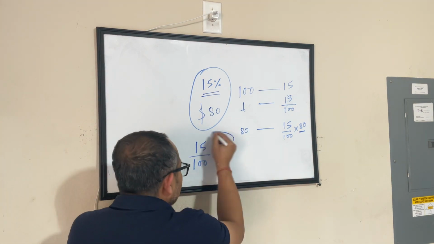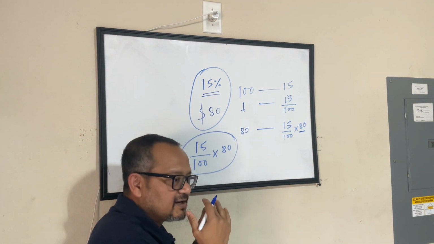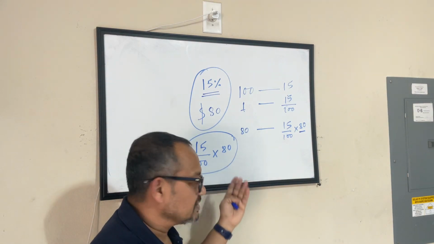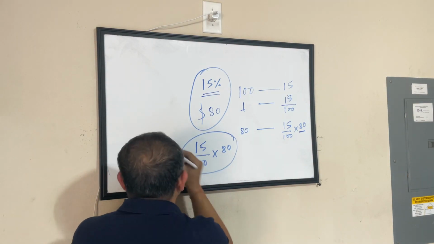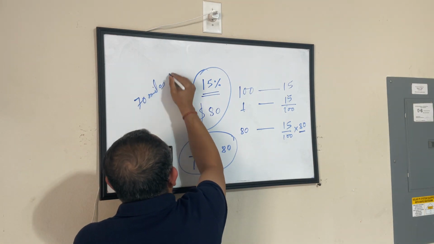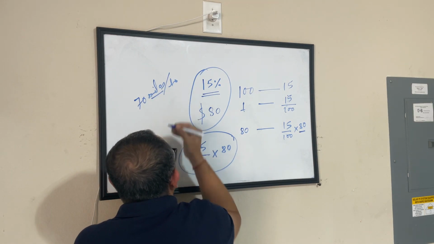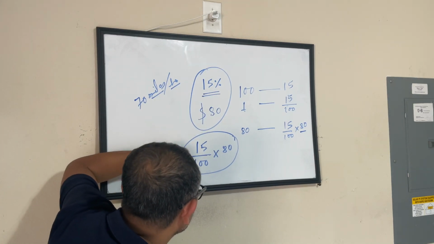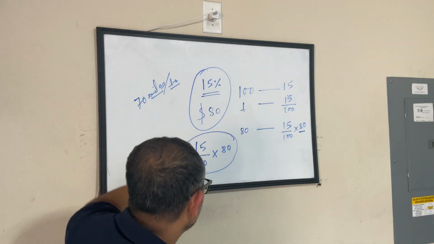This is not math, you're just talking out loud to calculate a percentage. Like 70 miles per hour: miles in the numerator, hour in the denominator. So I'm saying 15 per century, or cent, off.